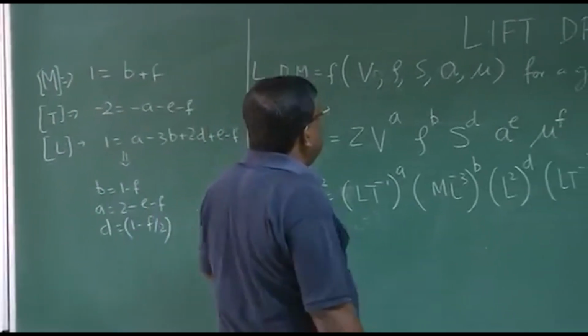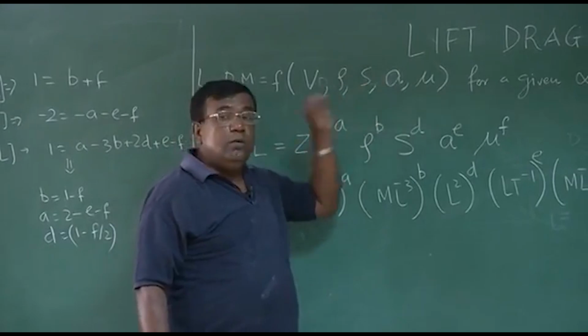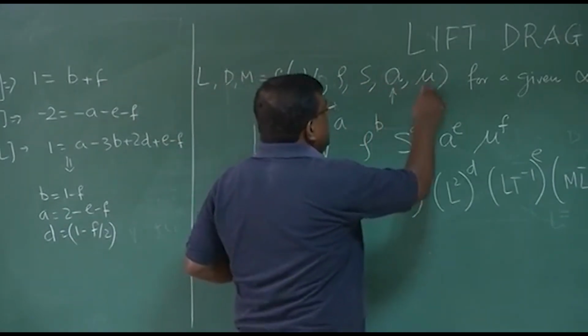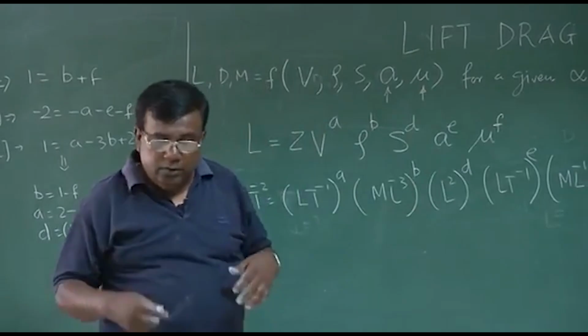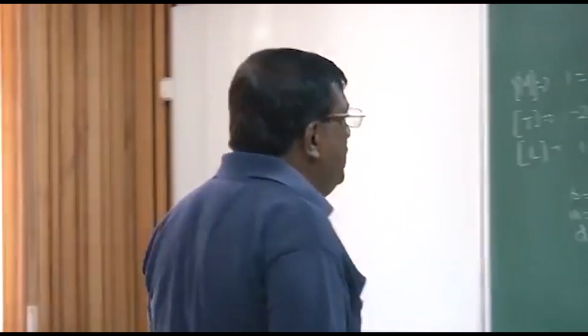Then area, yes, we all agree. Then this is the velocity of sound. We will come back to this. And this is the kinematic viscosity or coefficient of viscosity. That will decide what is the sticking property of the fluid with the body, right? How dense it is. Okay, there's a coefficient of viscosity.